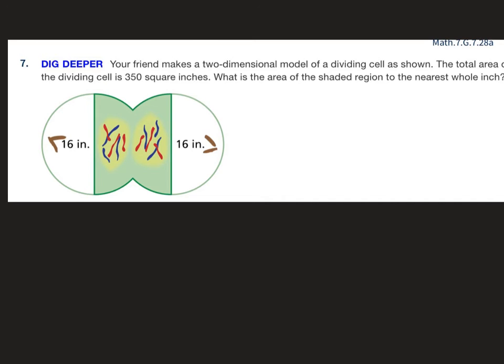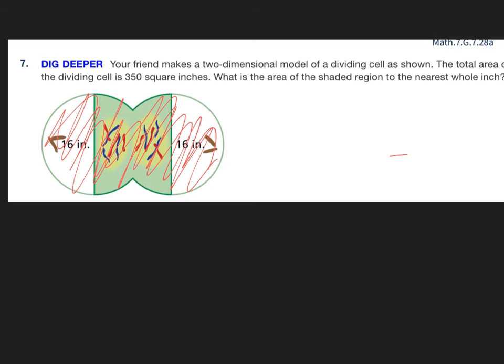Now we're going to quickly talk about this one. Your friend makes a two-dimensional model of a dividing cell. The total area of the dividing cell is 350 square. So this whole thing, all of this inside here, the whole is 350. Now what do we need to do?